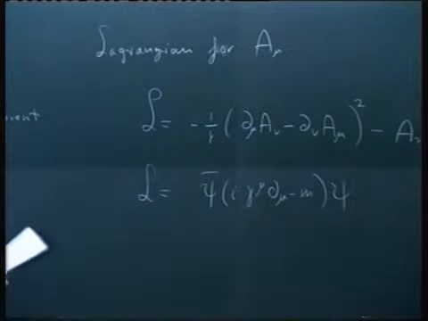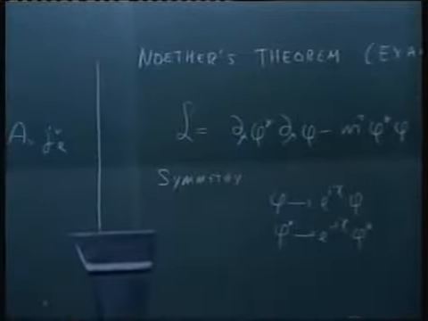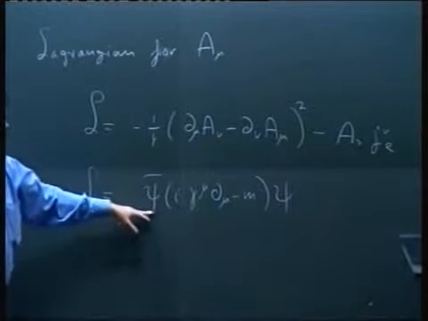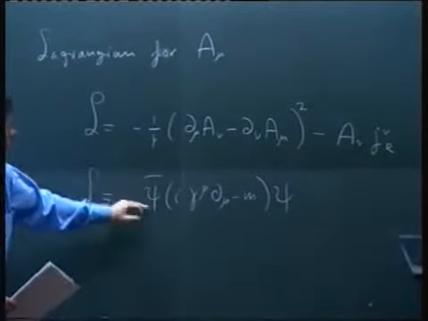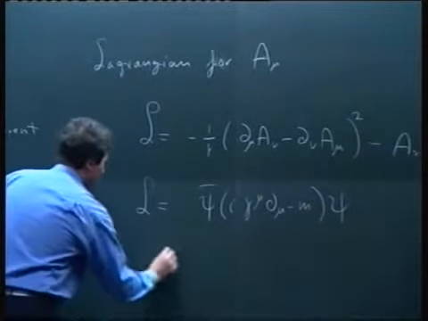And this Lagrangian has, similarly to the Lagrangian over here, a symmetry under complex rotations of the field psi, and therefore you can also derive a Noether current.